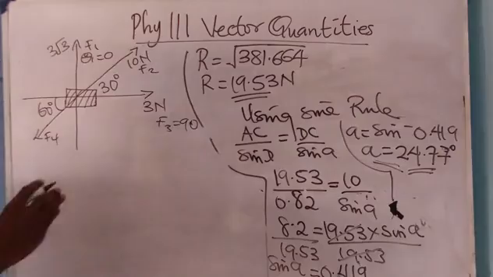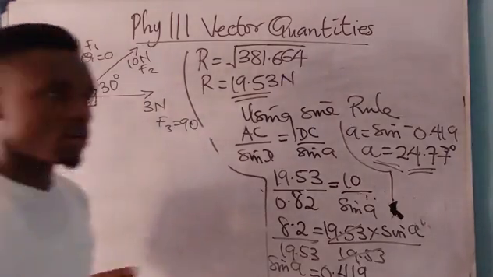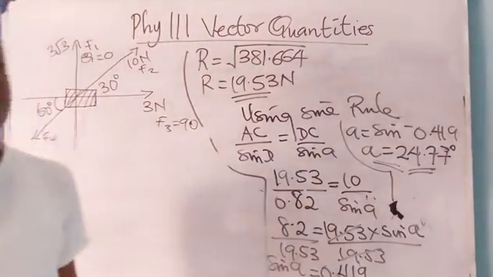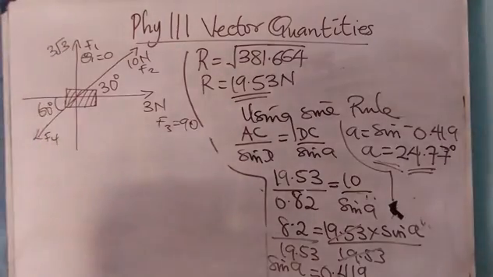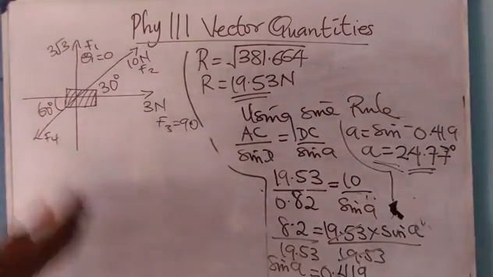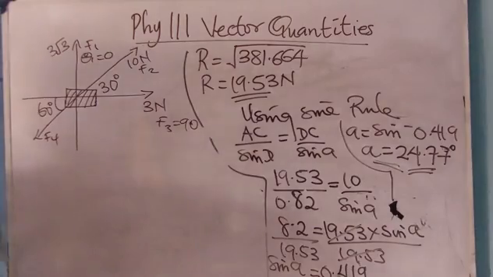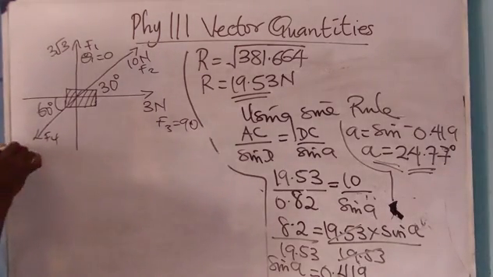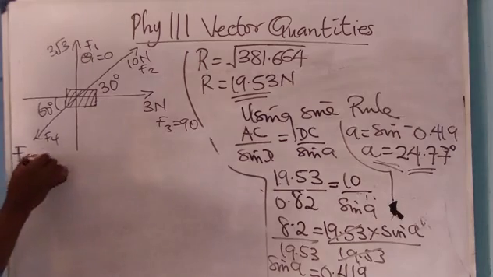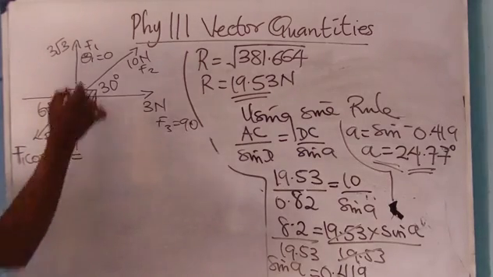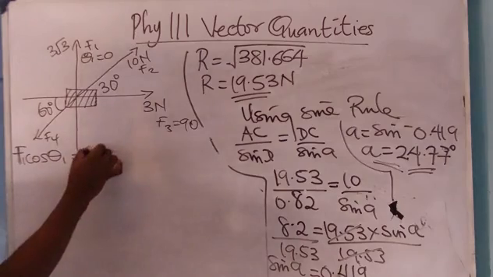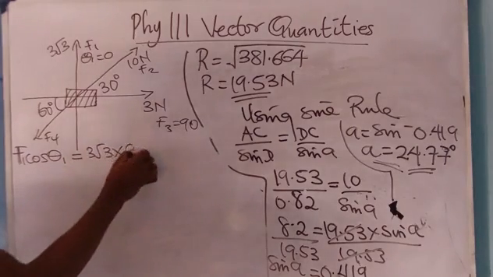We'll calculate for the horizontal component, which is the x-axis. Then I'll calculate for the y component, the vertical component rather. F1 cos theta 1 equals F1, which is 3 root 3, times cos 0.